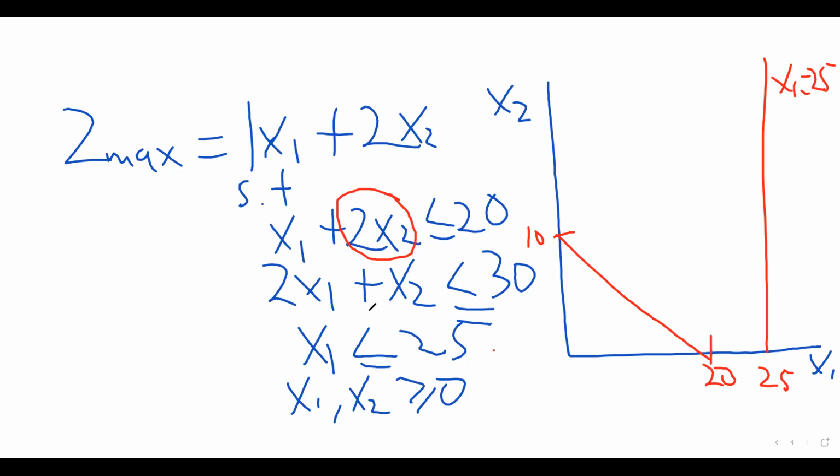Second constraint: if x2 is 0, x1 will be 15.